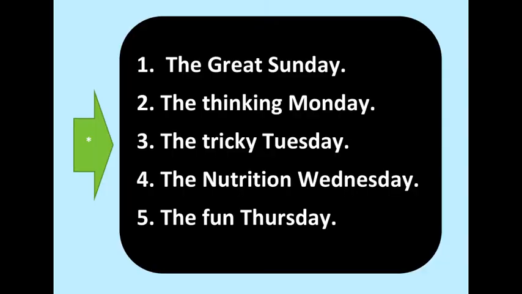How to achieve this? There's a rule you have to know. First, entitle and name each school day with a special name: Great Sunday, Fun Monday, Tricky Tuesday, and so on. This achieves mental stability for students regarding the content of the school day and even preparation for the day.